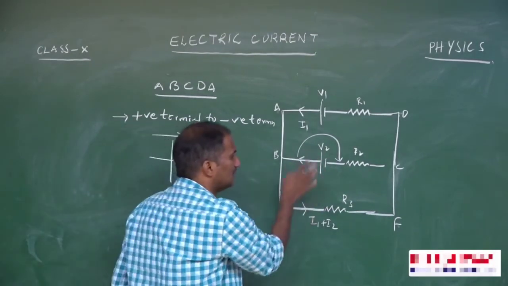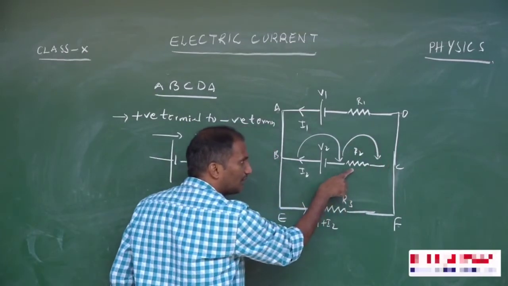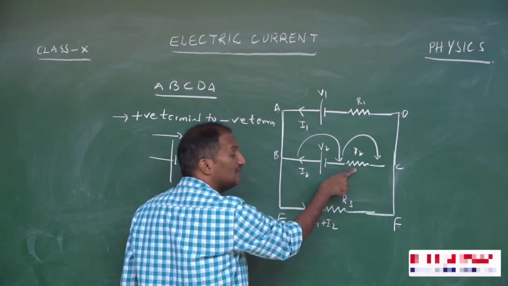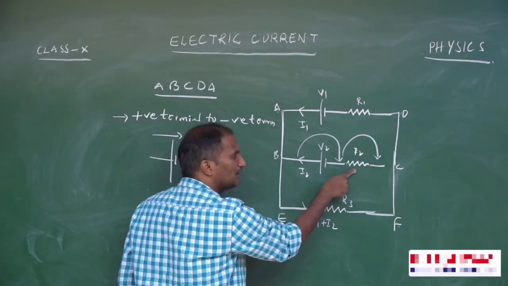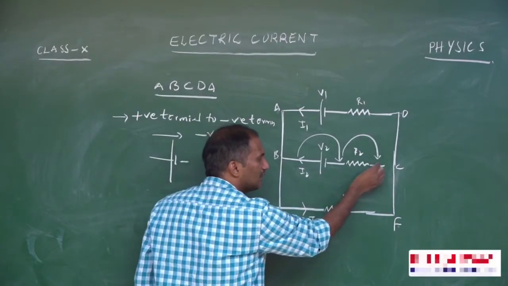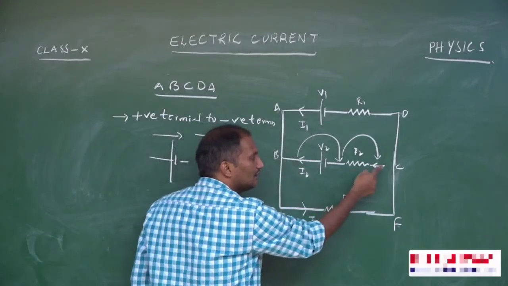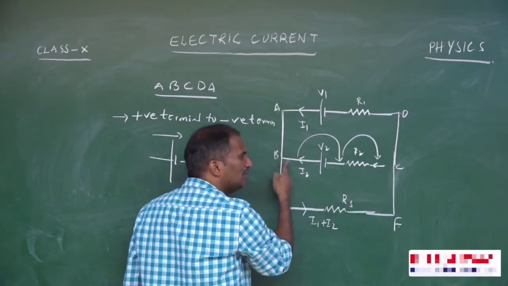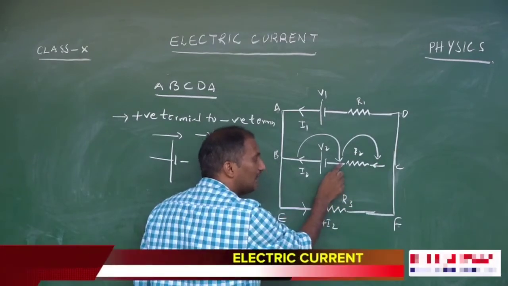And as we move in the same way, we come across the component R2. Here we are traveling opposite to the direction of current. The current is traveling from C to B, which means this side has high potential and this end has low potential.